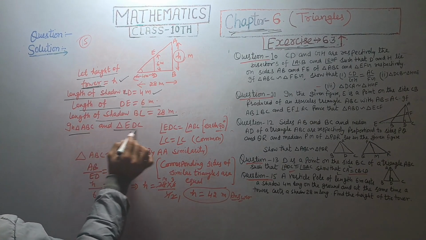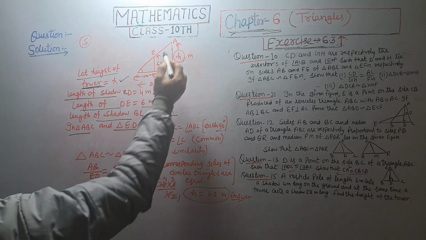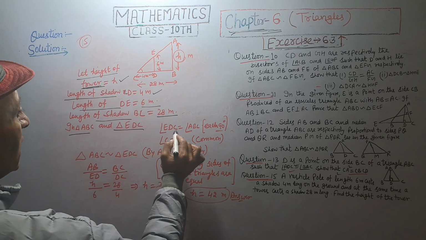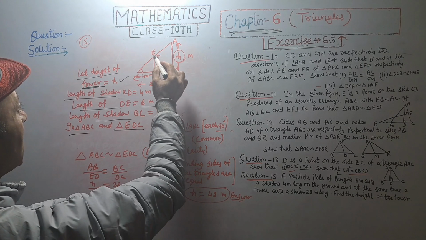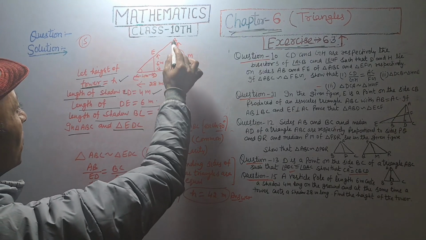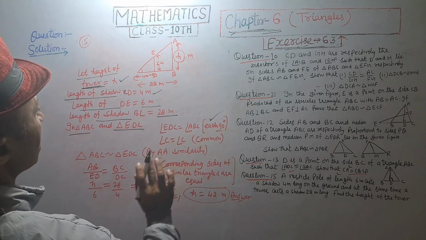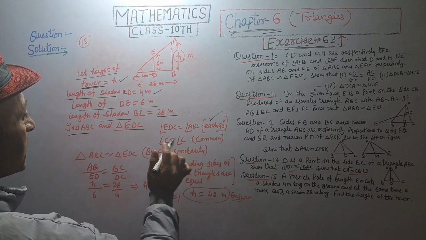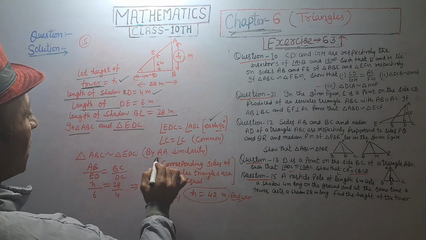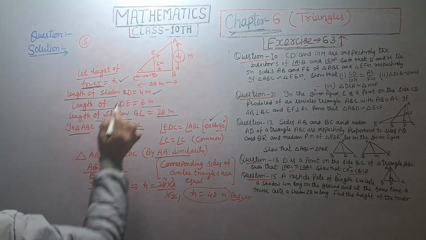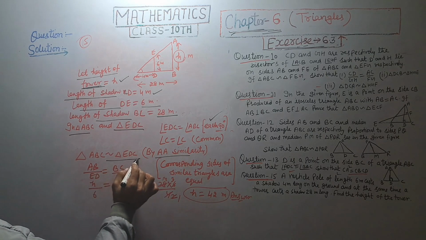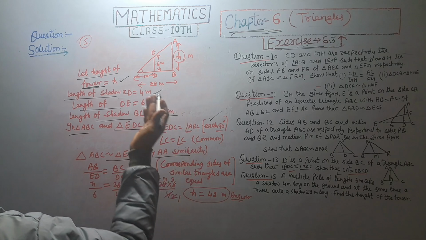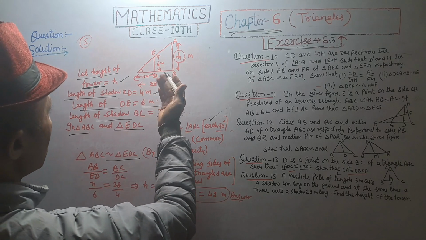In triangle ABC and triangle EDC, angle EDC equal to angle ABC is 90 degree, and angle C is common to both triangles. By angle similarity, triangle ABC is similar to triangle EDC, and corresponding sides of similar triangles are equal.